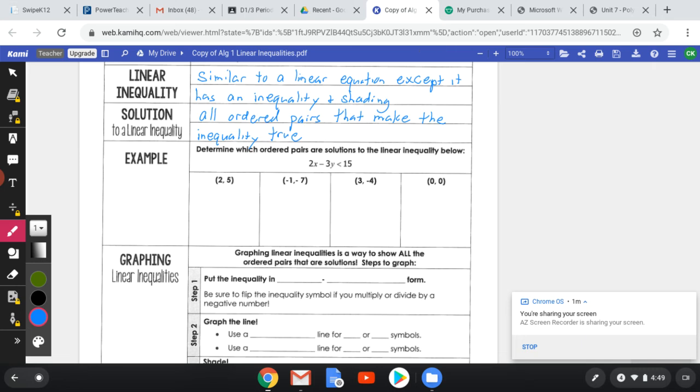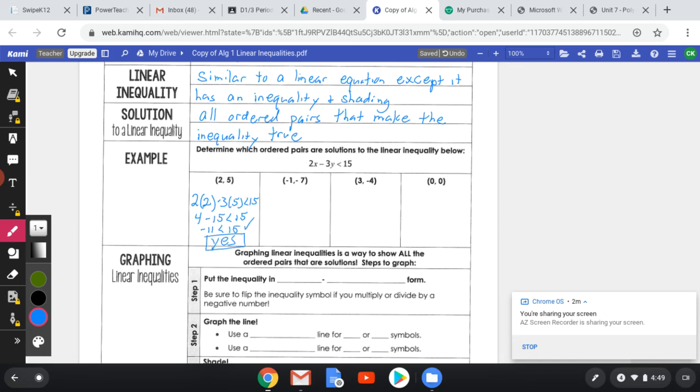So 2 times 2 minus 3 times 5, is that less than 15? 2 times 2 is 4, minus 15, is negative 11, which is less than 15. That works. So this is a solution.